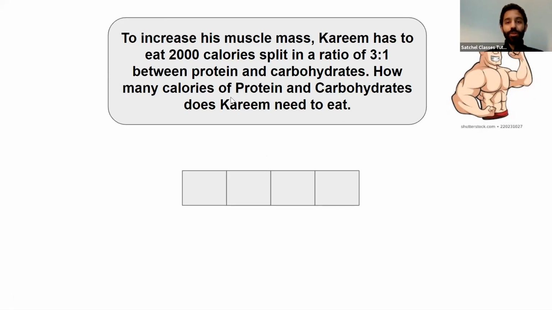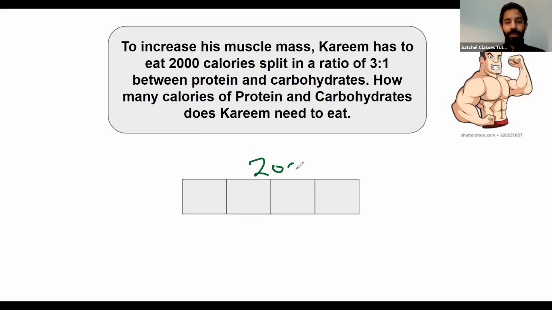So 2,000, which is our total amount, divided into 4 parts. 2,000 divided by 4 means we're going to have 500 for 1 part.